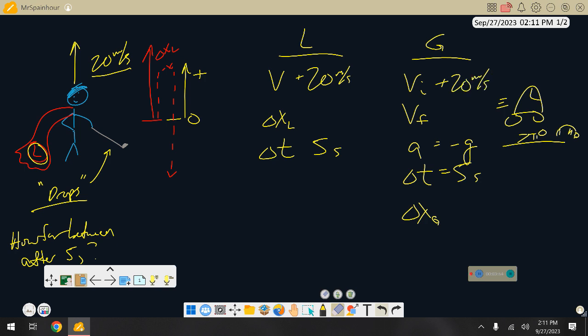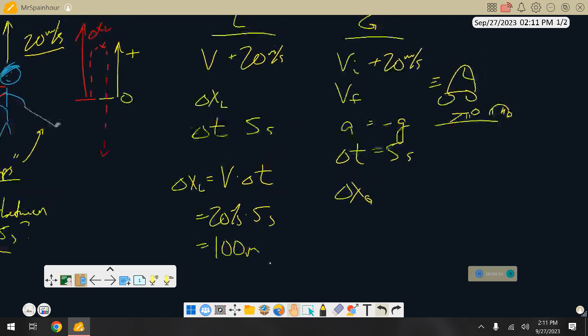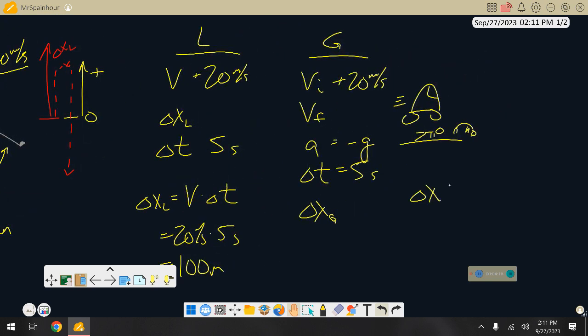All right. So now we can easily measure the displacement of Luke. The displacement of Luke is simply going to be velocity times time, which is going to be 20 meters per second times 5 seconds. He's going to go up in the air about 100 meters, a little bit more than a football field. Excuse me. And then how do we get g here? Well, that's simply going to be this equation right here.